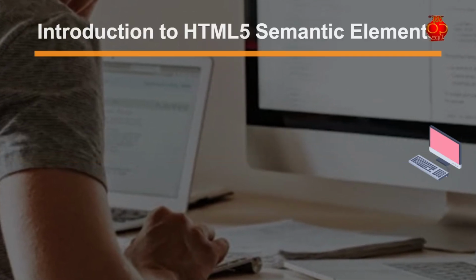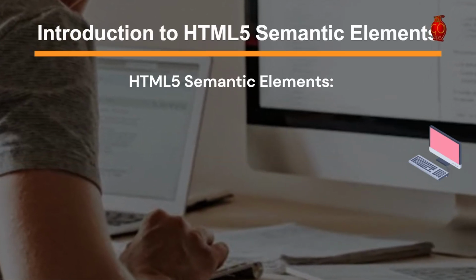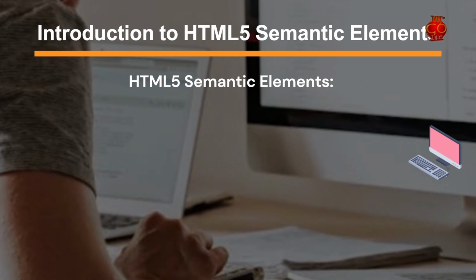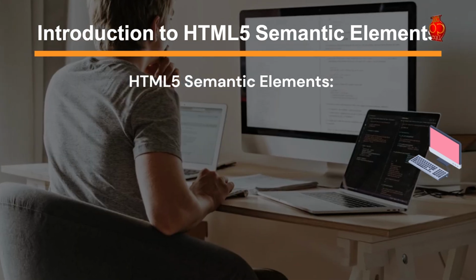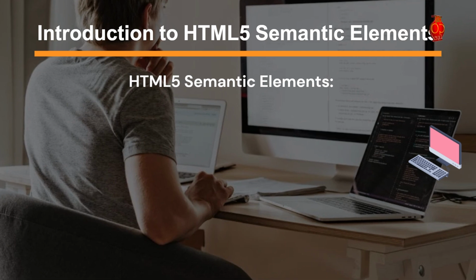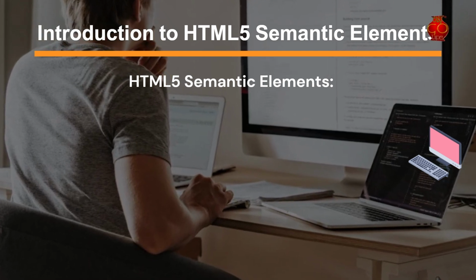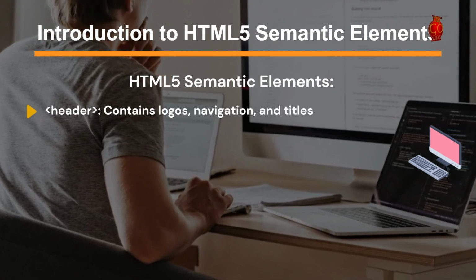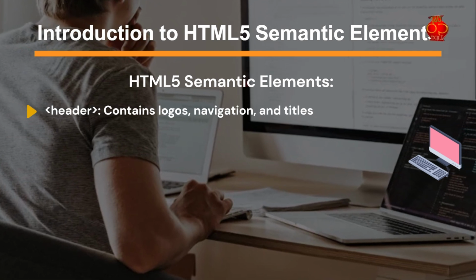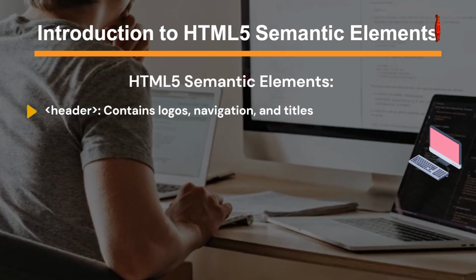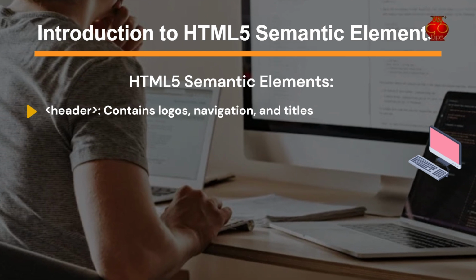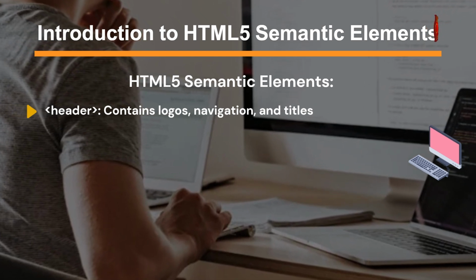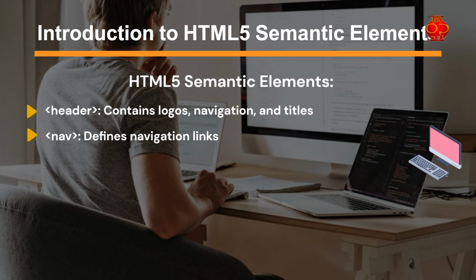HTML5 introduced new elements that provide more meaning to the structure of a web page. These are called semantic elements because they clearly describe their purpose. Some common semantic elements include: header tag represents the header section of a page, typically containing a logo, navigation, or title. NAV tag defines a navigation section for links.